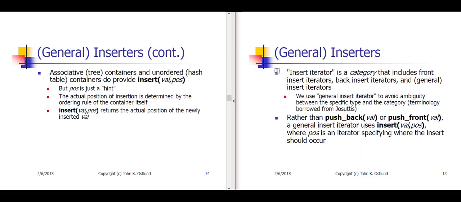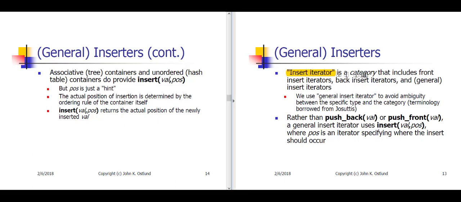Now, the terminology regarding insert iterators is potentially a little bit confusing, in much the same way that when we talk about compiling a program, what we really mean is pre-processing the code, then running the code through the compiler to create object code, then assembling those object code files together using a linker to get an executable program. We tend to use the word compiler to mean all three of those phases.